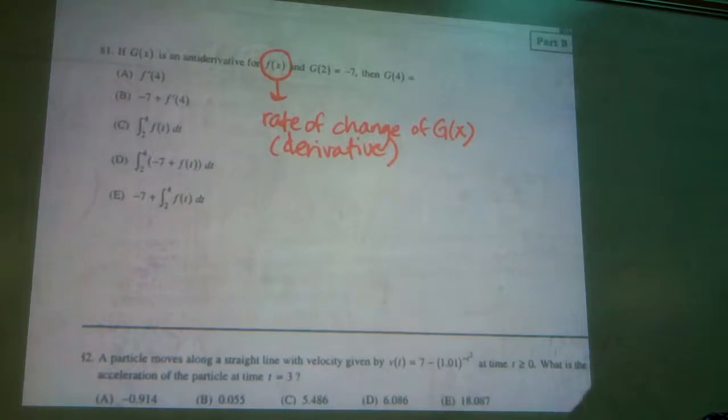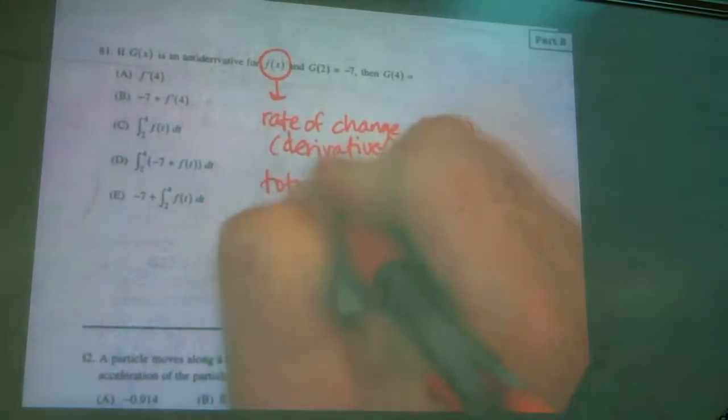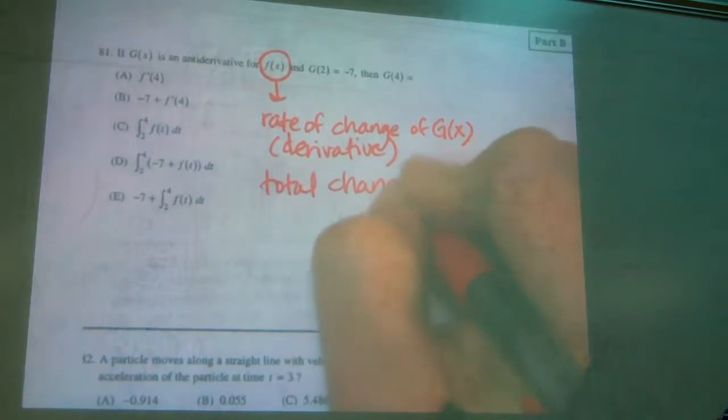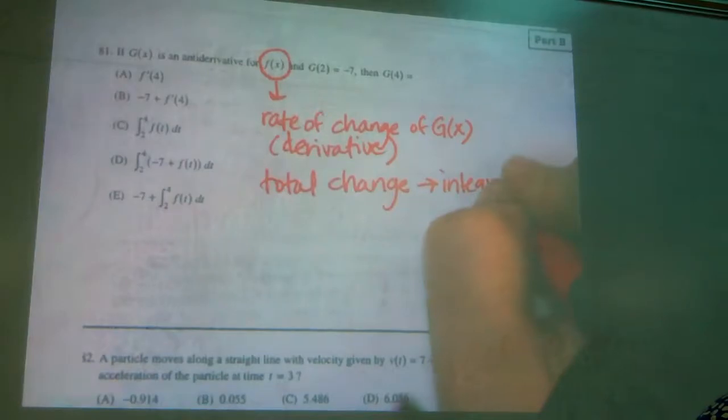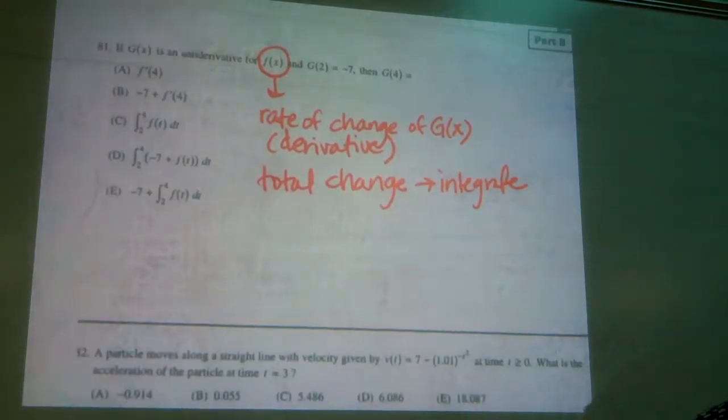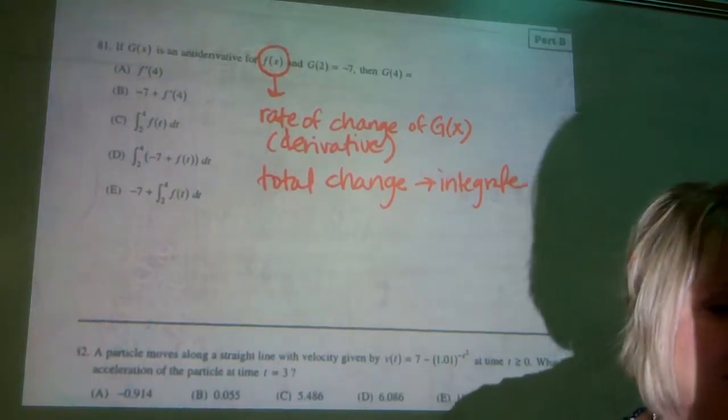So we talked about this on Saturday, and I know y'all weren't here Saturday, so I'm going to go over it again. When you want to find the total change in something, you would integrate. A derivative tells you a rate of change.